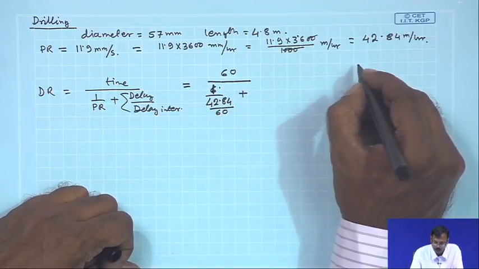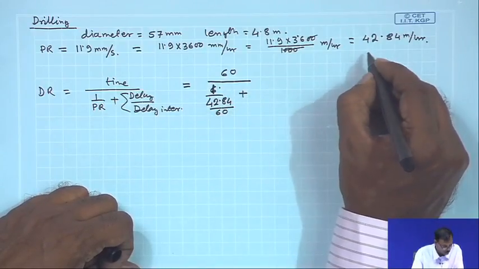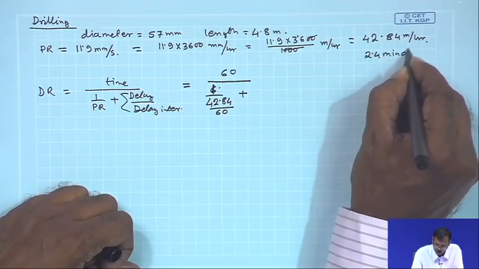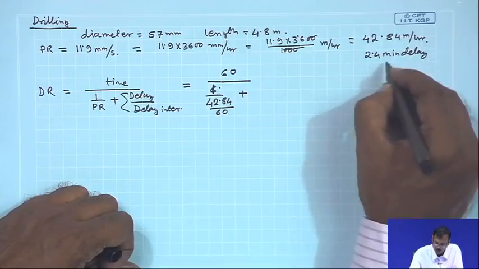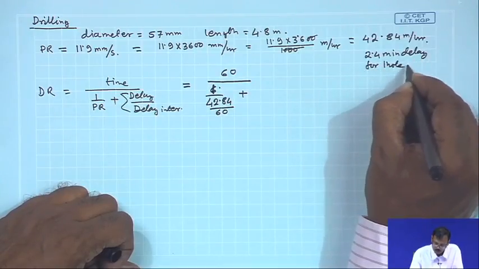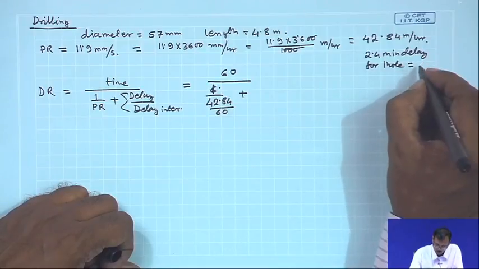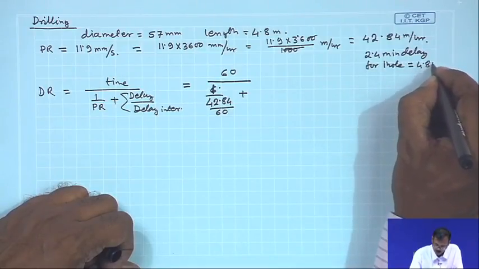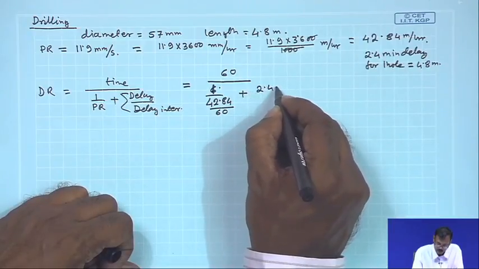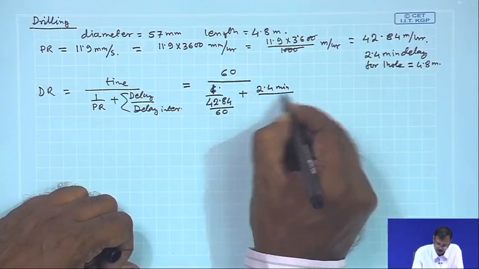For one hole the delay is given as 2.4 minutes. That means the delay is 2.4 minutes and the delay interval is 4.8 meter.